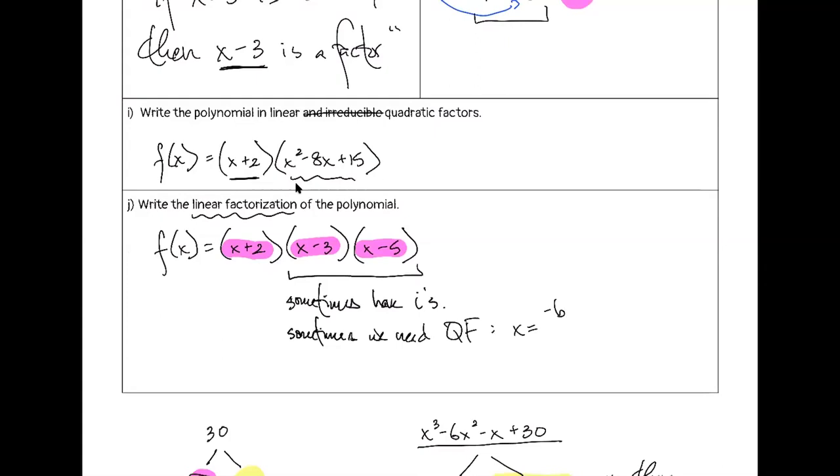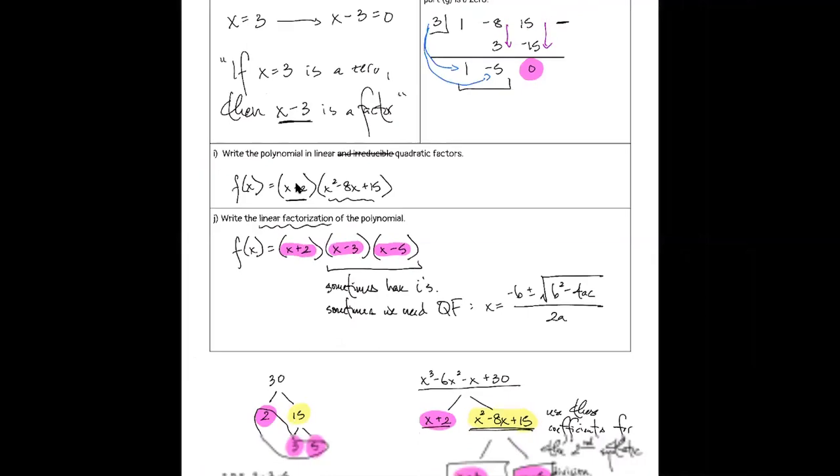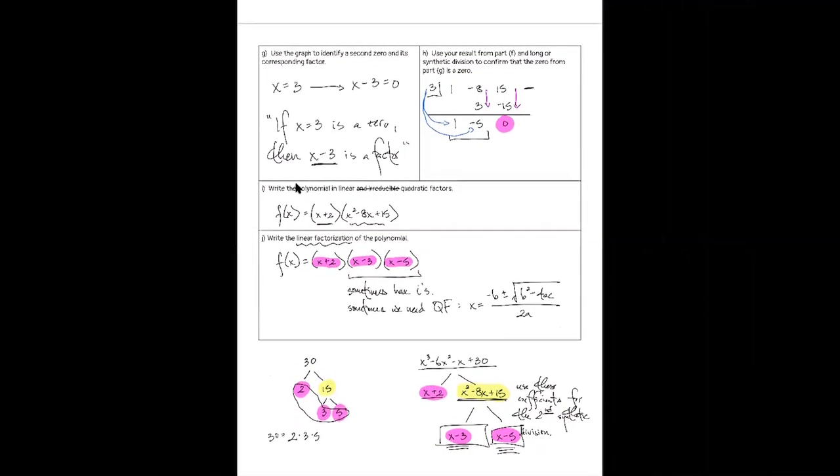X equals negative b plus or minus the square root of b squared minus 4ac over 2a. Okay? So sometimes we have i's and sometimes we need that quadratic formula, and we'll take a look at examples that do all of those, okay? But as you can tell, these questions are pretty long, okay? I would say that as you're studying, doing a few of these will really help solidify all the stuff from 3.3 all the way to 3.6, okay?